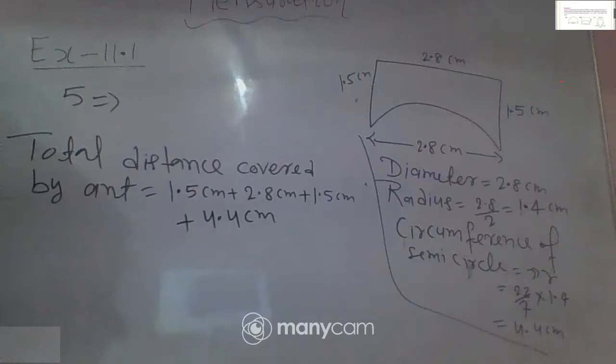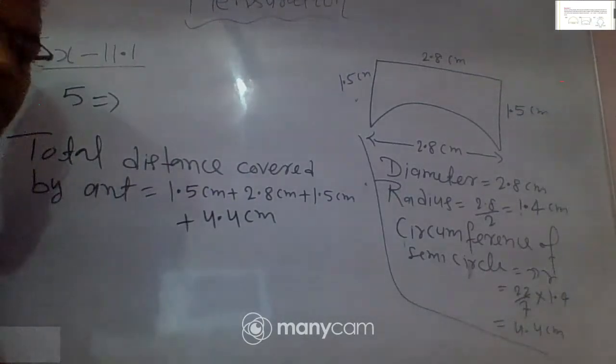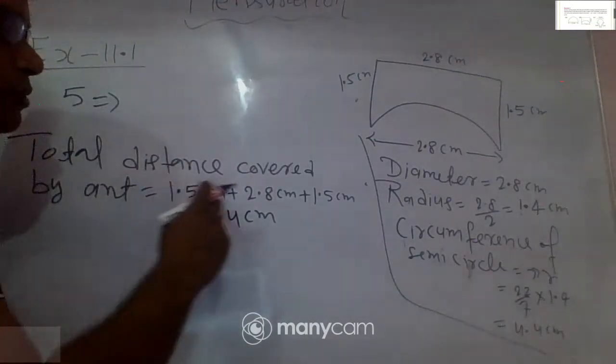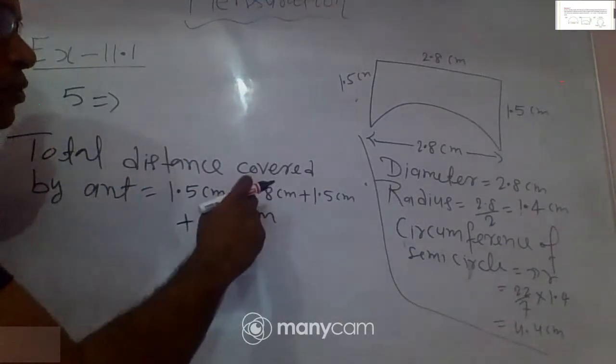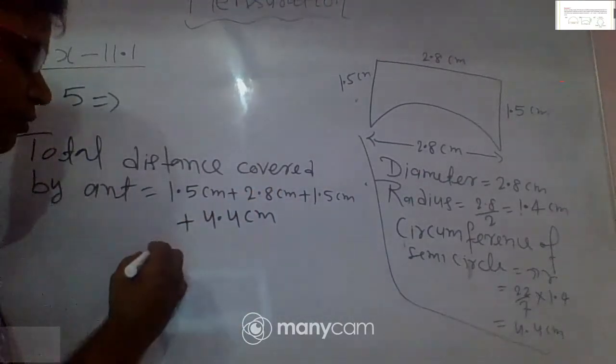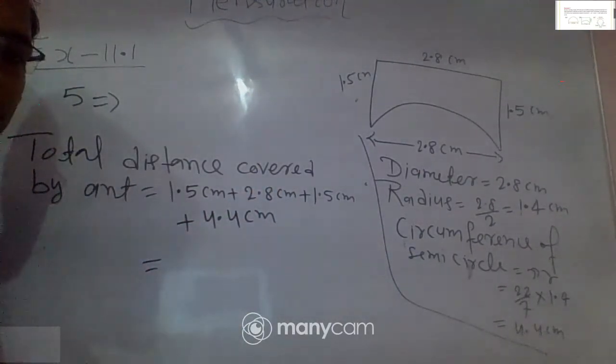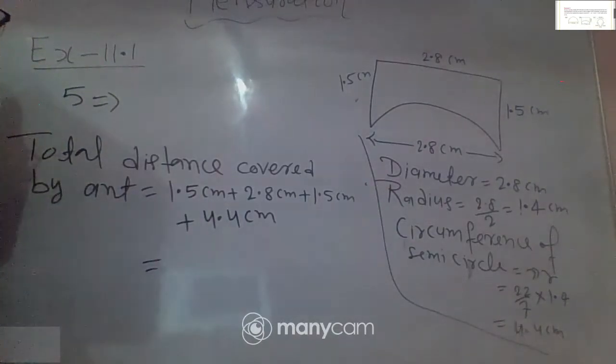Clear? So in this figure, the total distance covered by the ant is 1.5, 2.8, 1.5 and 4.4.